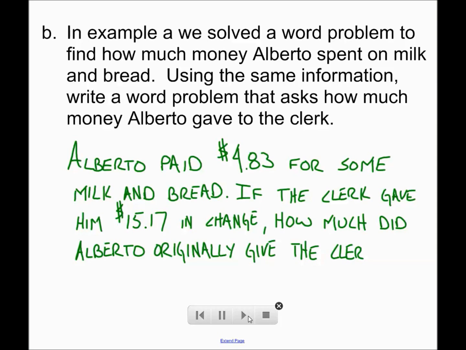And we could use the same process that we used before to solve this problem. We already know the answer is $20.